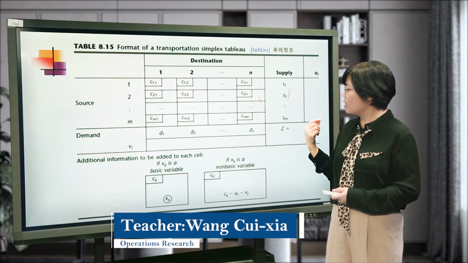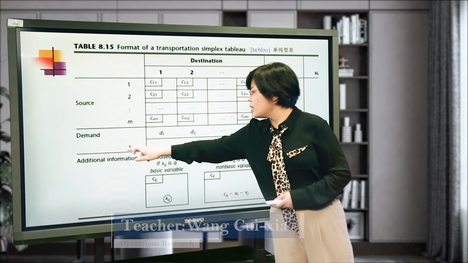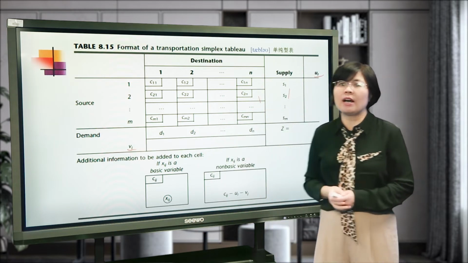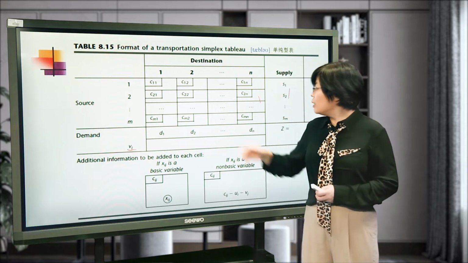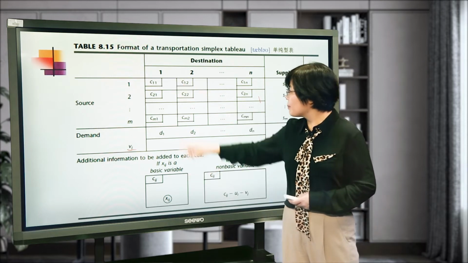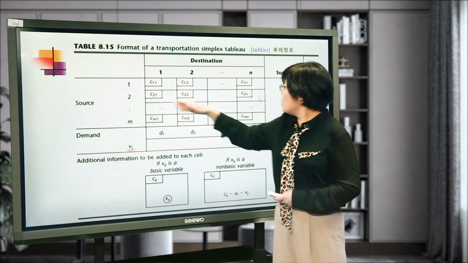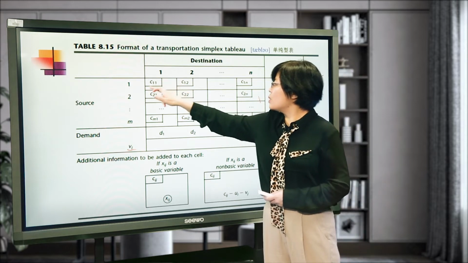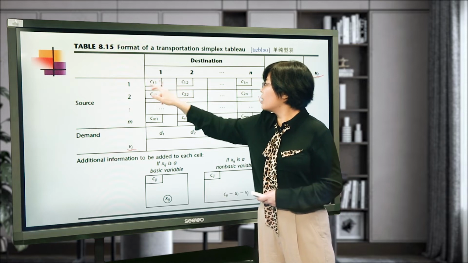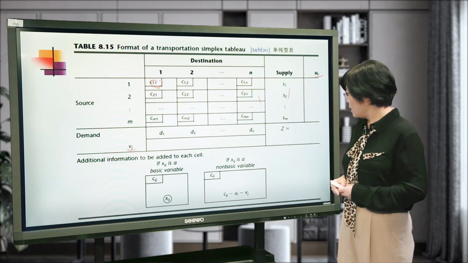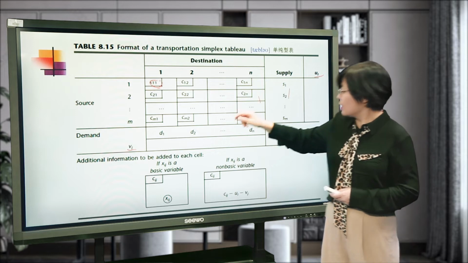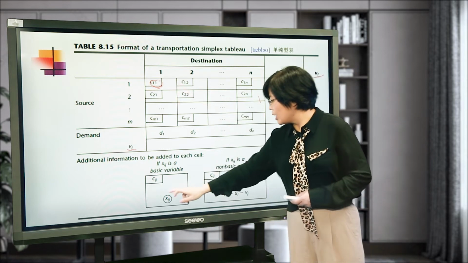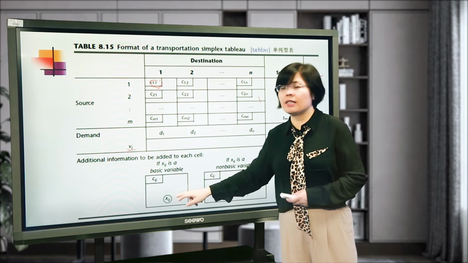Now we should fill in the values of vj and the corresponding ui. Here we find the cost we use here, and in this cell we can fill in xij.